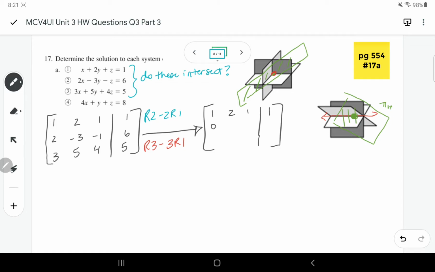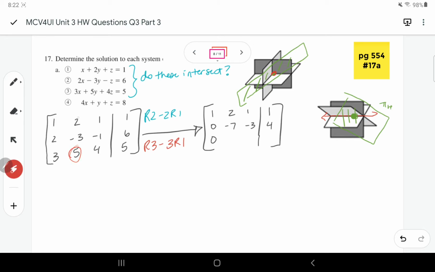Negative 3 minus 2 times 2, so negative 3 minus 4 is negative 7. Negative 1 minus 2 times 1 is negative 3. 6 minus 2 times 1 is 4. And then the next row, I have 3 minus 3 times 1, which is going to be 0.